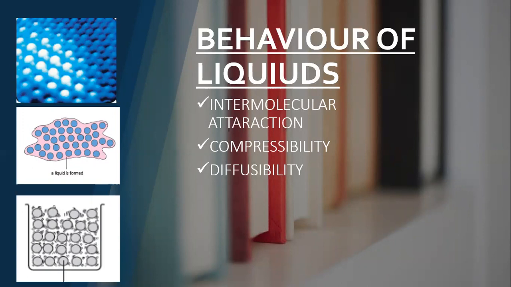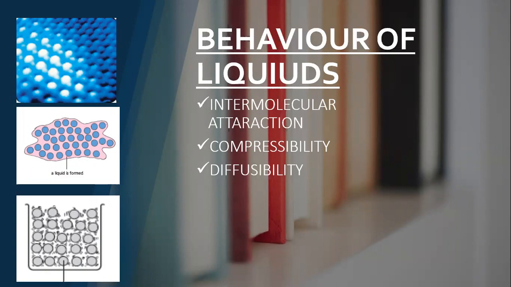That's why they can be compressed up to a specific limit. When we talk about diffusibility, what is diffusion? Diffusion is nothing but the slow motion of the molecules from a single entity. Now let's take an example of a bath. We have a tub filled with water, and if we spill a drop of ink into the tub, after a few minutes the whole water turns to the color of the ink.